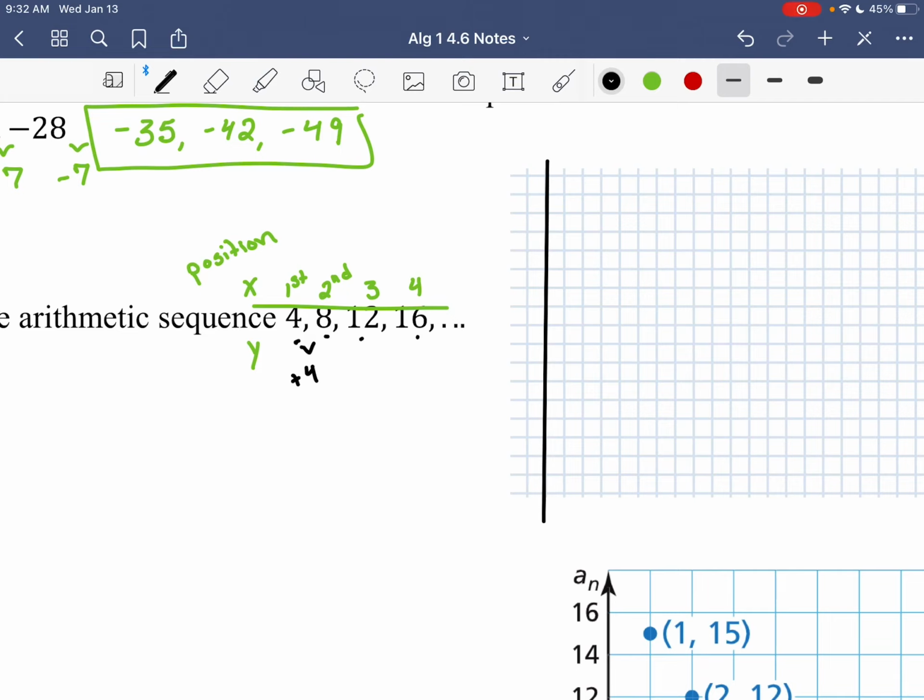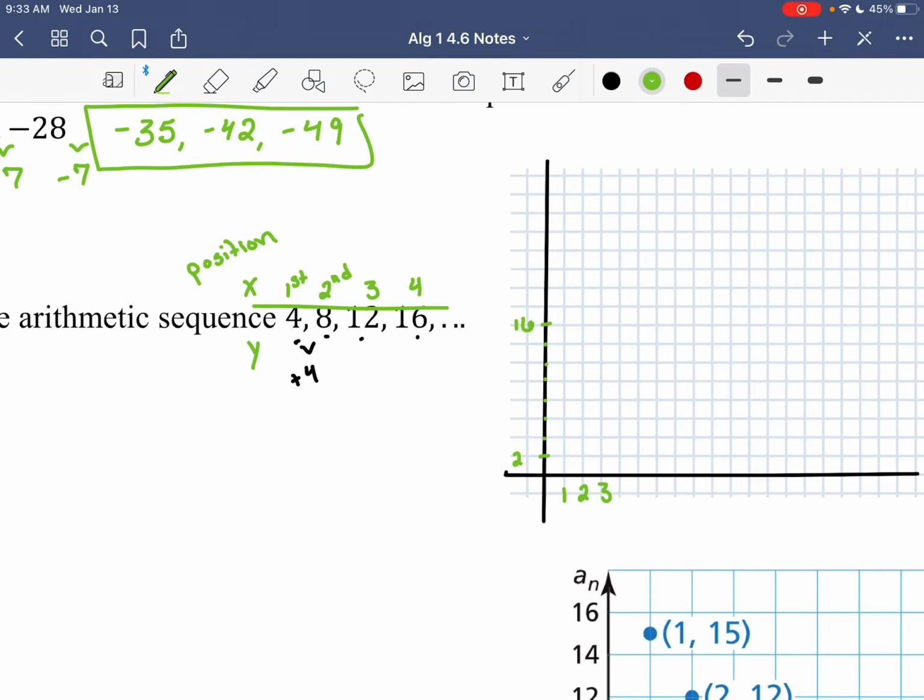So I think I can stick with only positive, so I'm going to move my axis down here. Let's label my axis: first term, second term, third term, and we're going to count by 2s here. If we go 2, 4, 6, 8, 10, 12, 14, 16, yeah, that'll work.